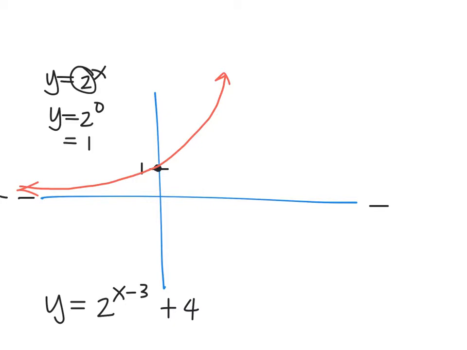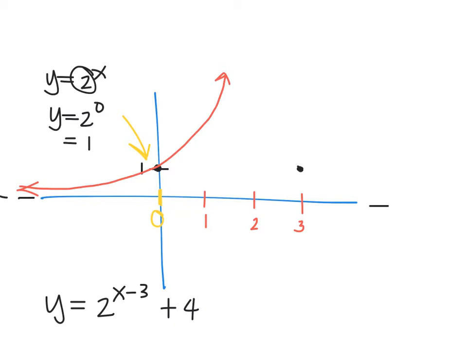To the right by how many units? 3. So select this reference point and move it 3 units to the right. Initially, it is located at 0. So it has to move to 1, and then 2, and then 3. So that point earlier is now here.